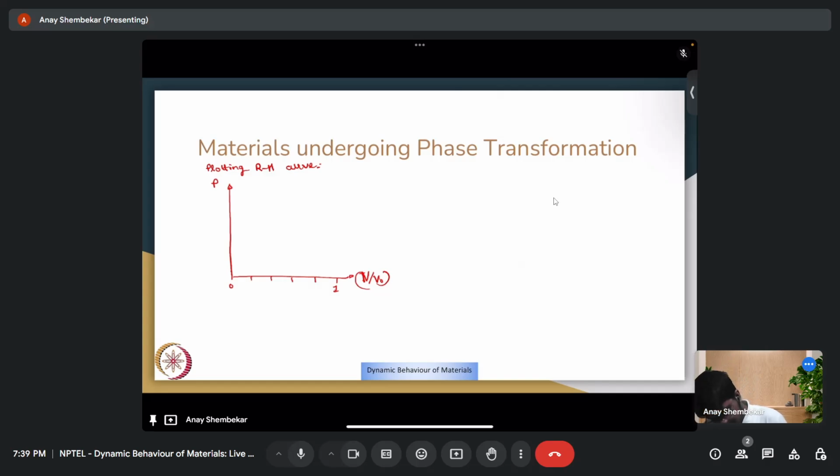And you have pressure in GPa. So we'll go like this, and then there will be a discontinuity somewhere here. It will go like this. Right, so this is the discontinuity.